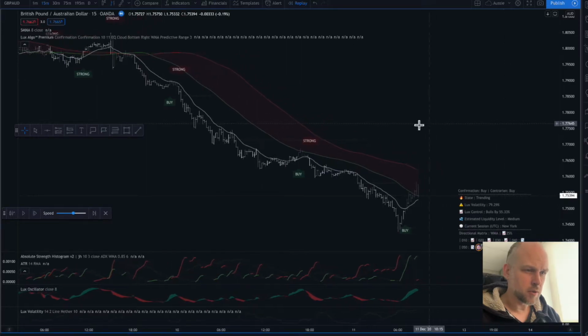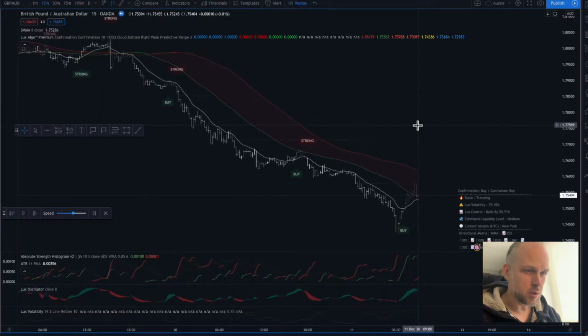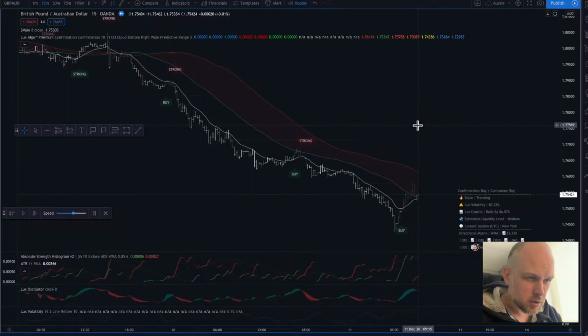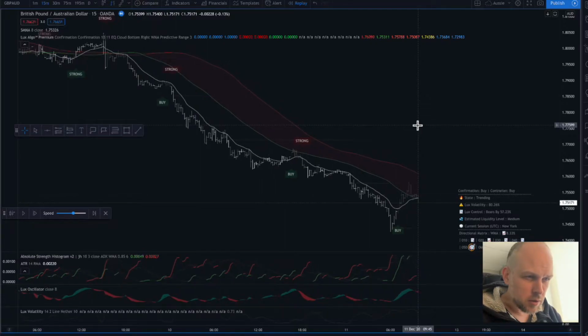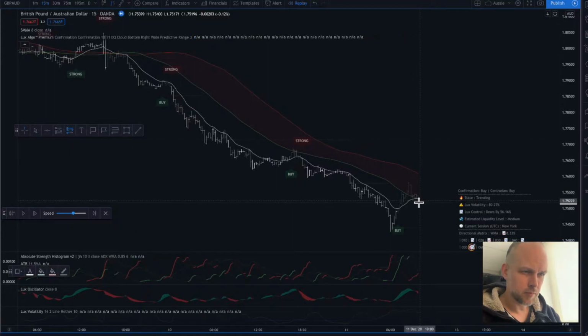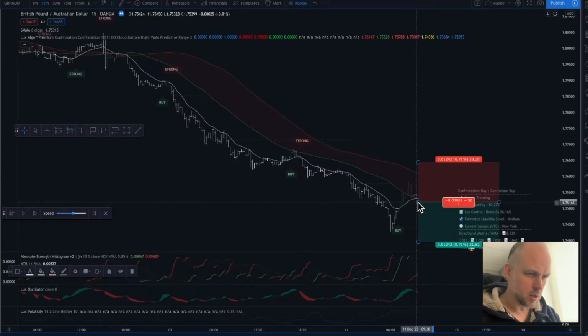So no, it is still above, and now we're still above, clearly testing the line here. So now we've got a crossing below. Strength is everywhere we need it to be, so we're going to take the trade. Strength is there. We got volatility.